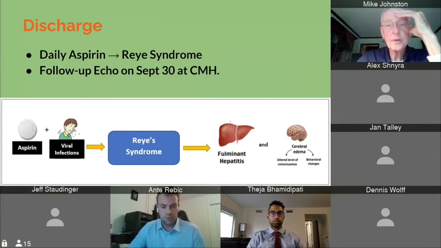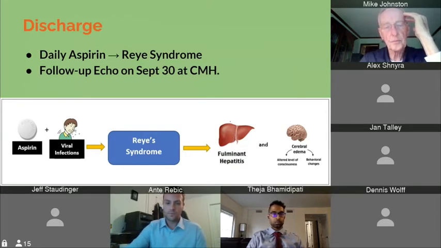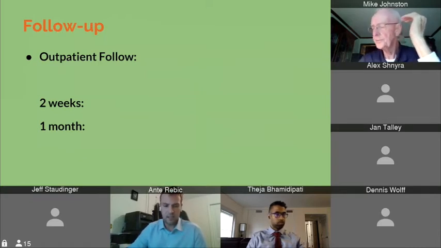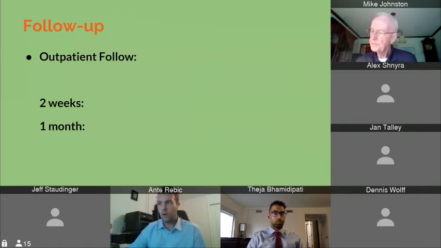The patient was also scheduled for a 5th echo to be done at the end of September, the end of this month, at the Children's Mercy Hospital, and he was also to be seen at our practice with our attending physician at 2 weeks and 1 month of age. So I had the privilege of seeing these babies, both our patient and his twin sister, at 2 weeks and 1 month.